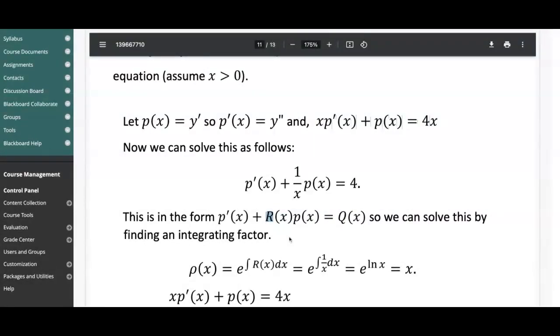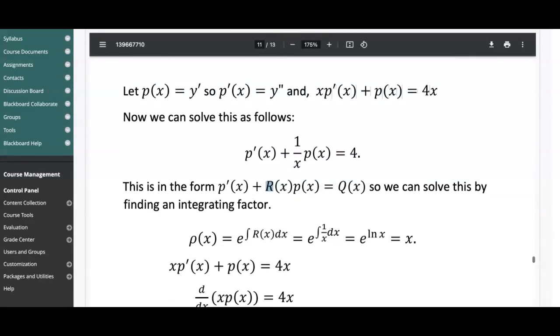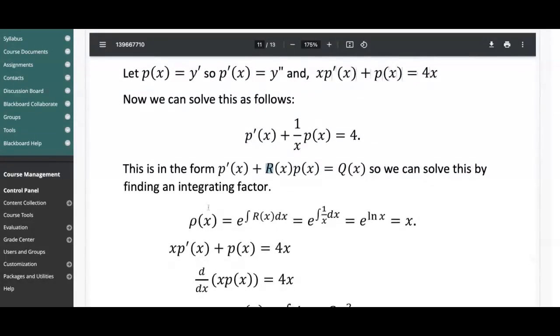We want to use the integrating factor method, right? So the integrating factor is defined as e to the integral of p of x. So we integrate 1 over x. The integration of 1 over x is just ln x, and e to the ln x is just x.